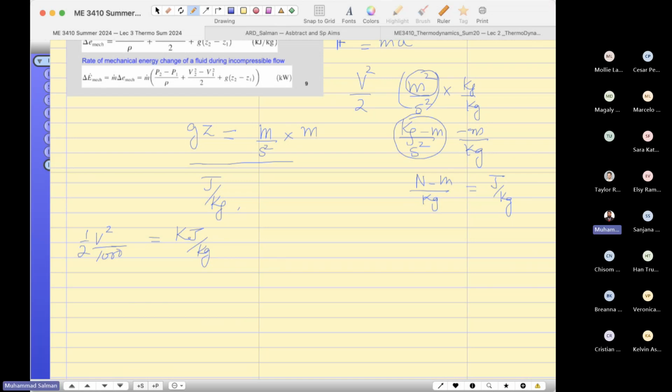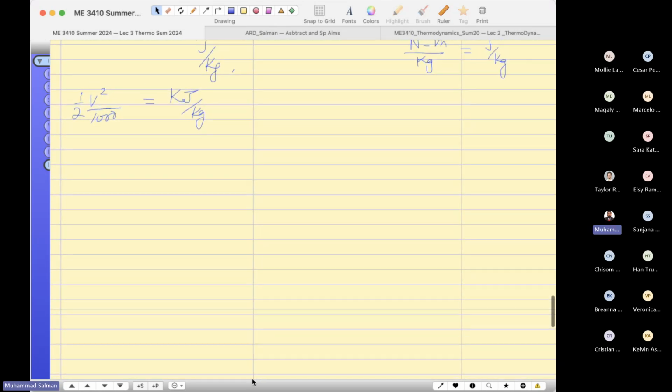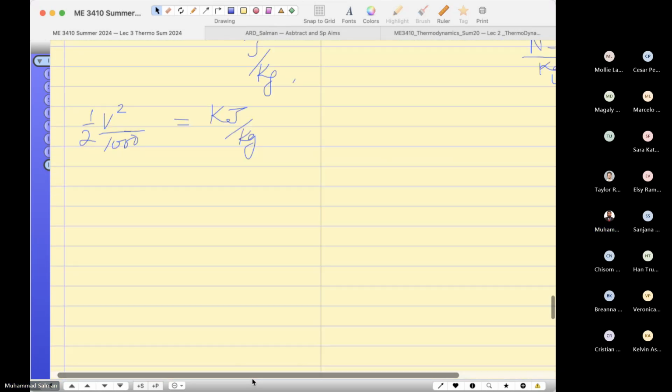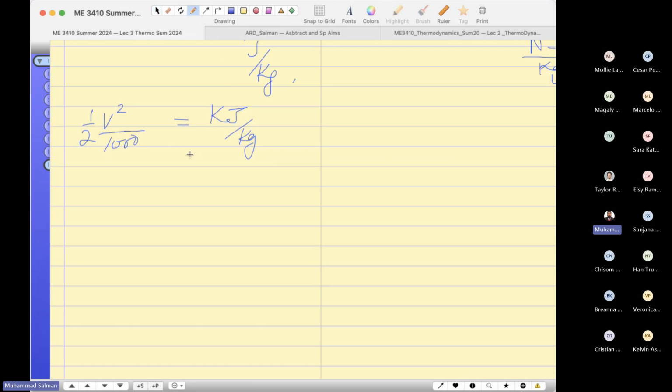For example, if I explain further about the energy difference, what I'm going to show you here, for example, you have a diffuser. This is not a nozzle, but just like a diffuser which reduces the speed of the stream and increases the pressure.